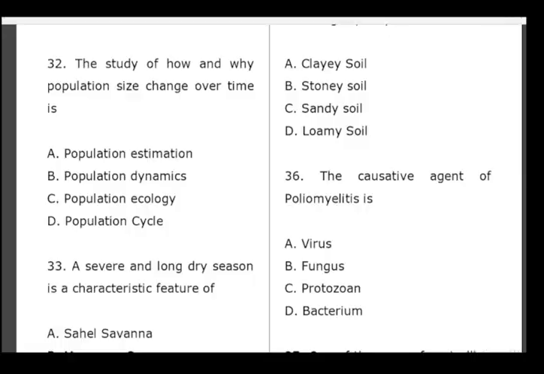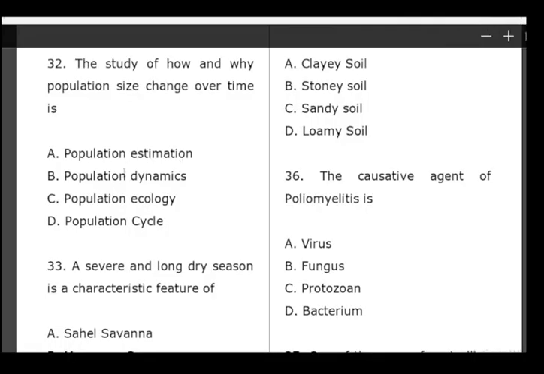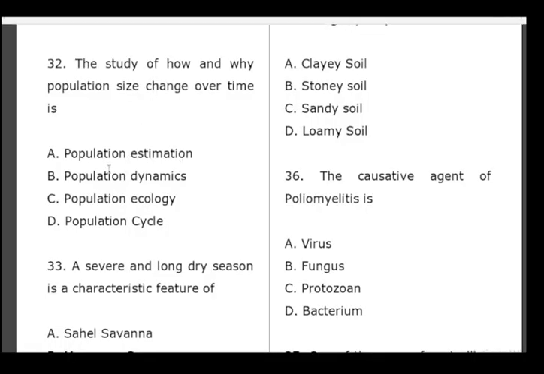So the changes that we can see resulting in what we refer to as population is definitely going to be what? Population dynamics, not estimation. Estimation is still talking about the total number of organisms in that environment.